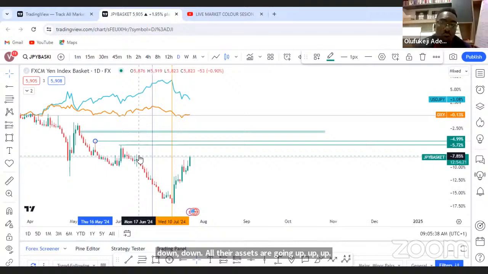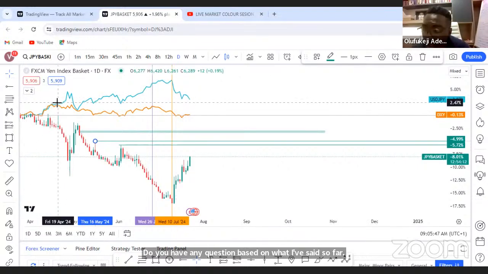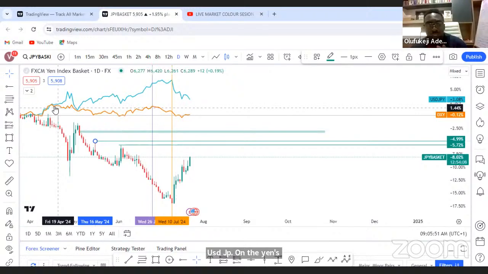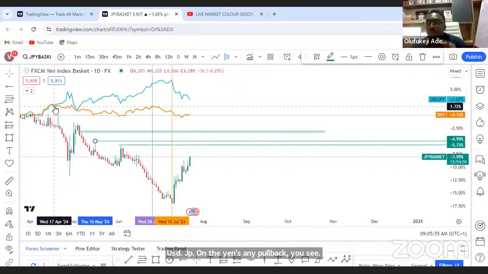Now, with regard to gold, do you have any question based on what I've said so far? Based on this, any pullback you see on USD JPY, on the yen pairs, any reversal where price rallies, just mark.